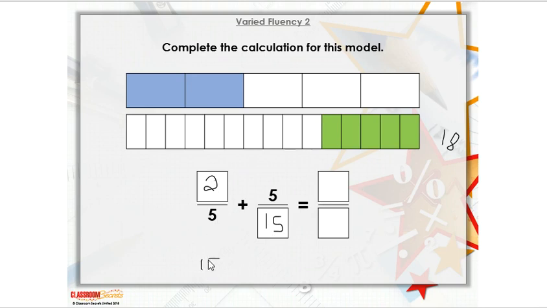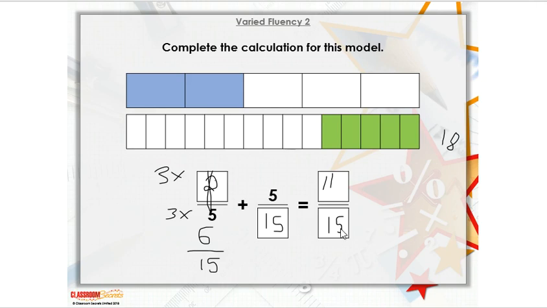How many times will we multiply 5 to make it 15? We'll multiply it by 3. So if we've multiplied our 5 by 3, we must also multiply our numerator by 3. 3 times 2 is 6. So let's cross that one out so we don't get confused. Now we've got 6/15 add 5/15, and we've got 11/15.